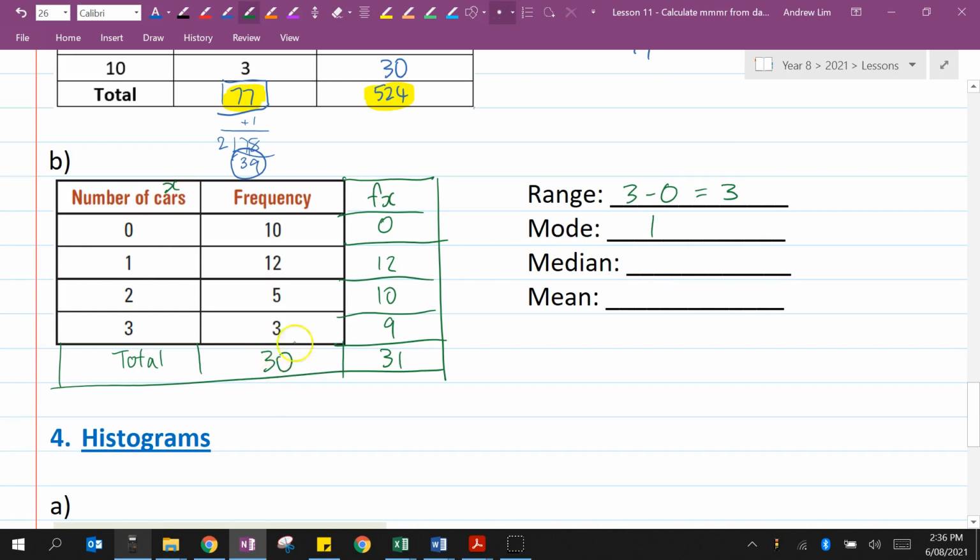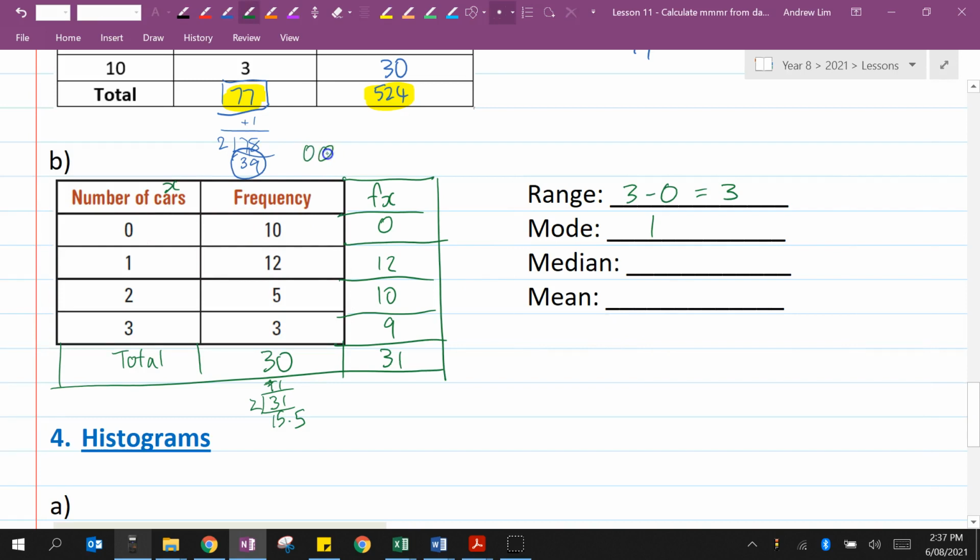Now there's 30 here, so 30 plus 1 is 31, divided by 2 is 15.5. So I'm looking for the 15th and 16th score, and then I'll average the two of them. So according to this, there are 10 zeros.